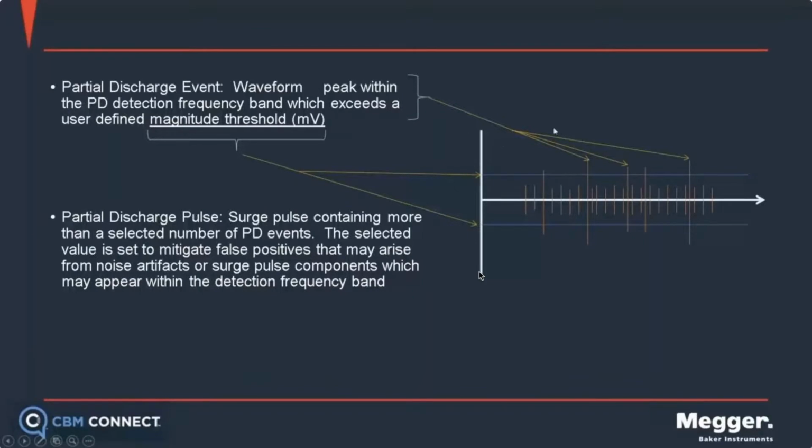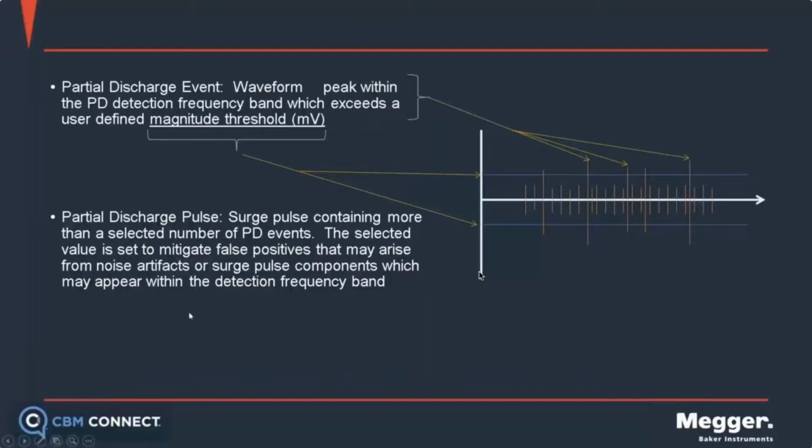Each one of those peaks that breaks through is considered what we call a partial discharge event. The events count if they're positive, and they count if they're negative. Sometimes I've shown these both positive and negative on either side, but it's not always the case. Sometimes we'll just have a single peak that goes up, or maybe even a single peak that goes down. Each one of those would also qualify as a partial discharge event.